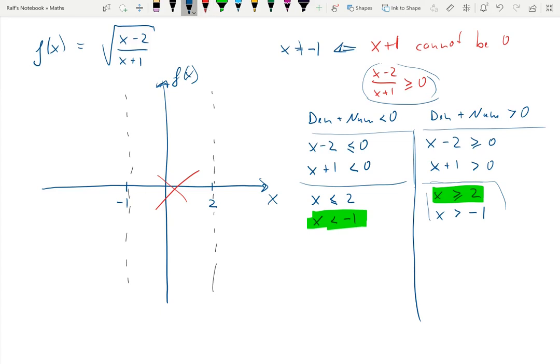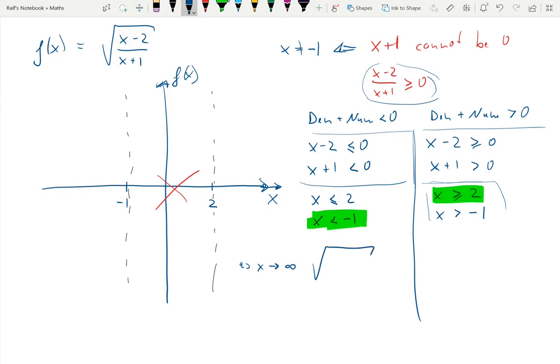So now we want to try and figure out what our function looks like. And again, we will be looking at the extremes. So perhaps first you can think about what the function looks like as x goes to infinity.